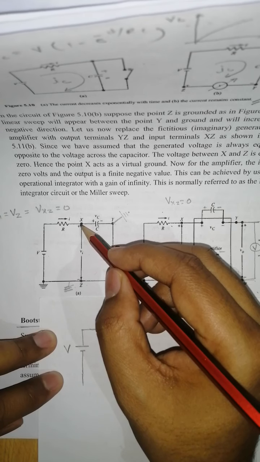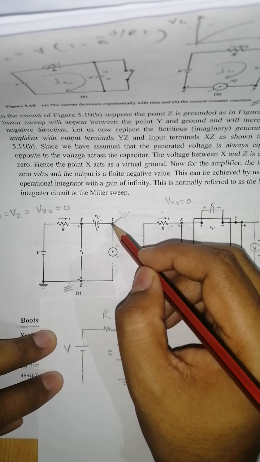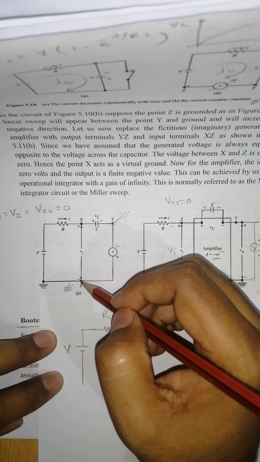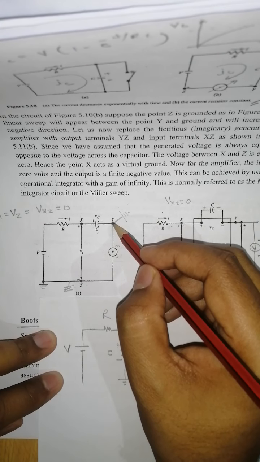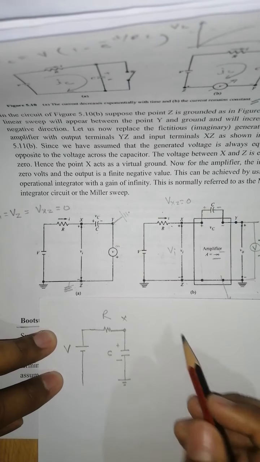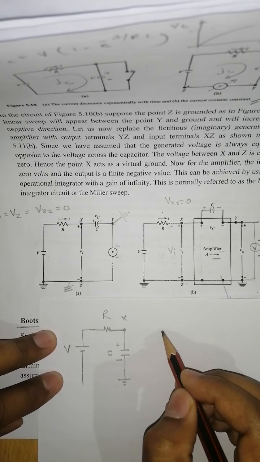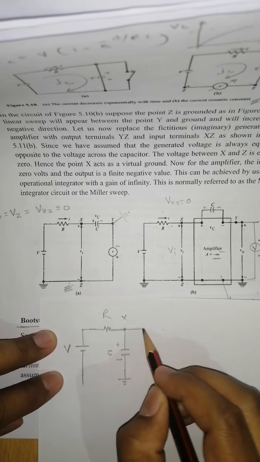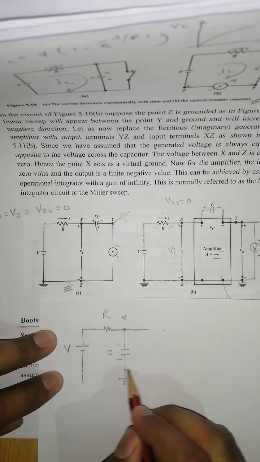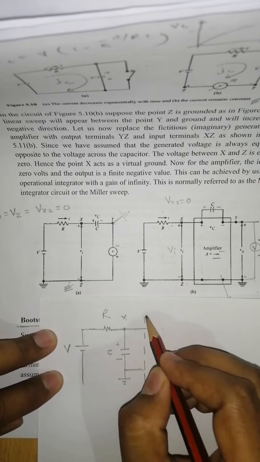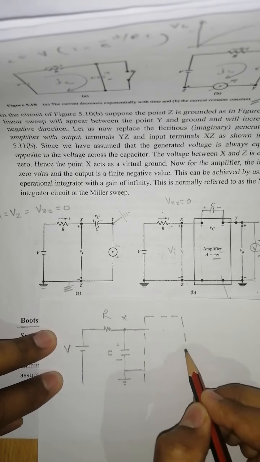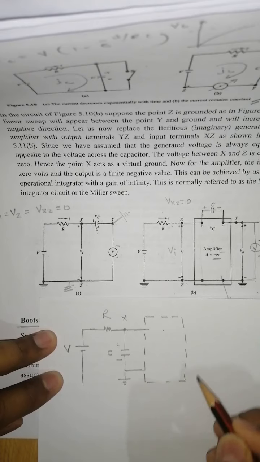Now this Y is grounded, so the output terminal will be between Z and Y. We want to make a link between input and output, so there is some circuitry which gives the link.